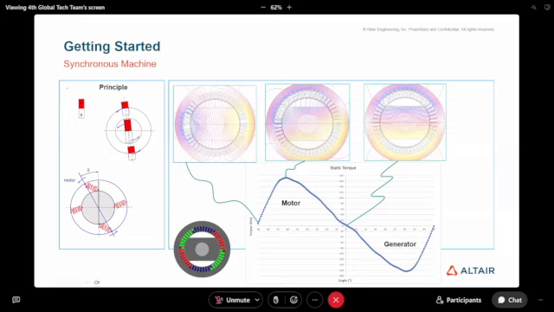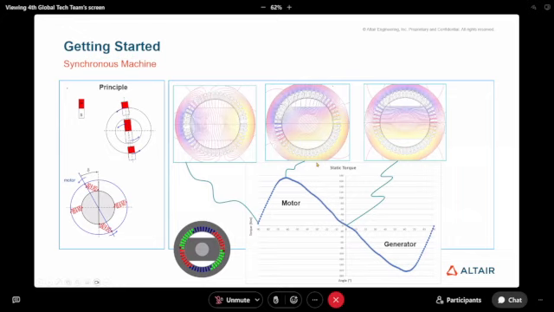So here, when we have a 45-degree angle between the magnetic field on the stator and the axis of the rotor, this is where we maximize the torque. Sorry, here it's 45 and it's not 90 degrees.